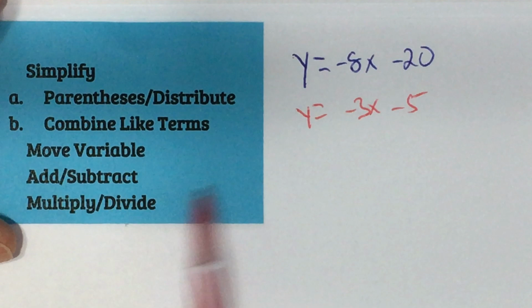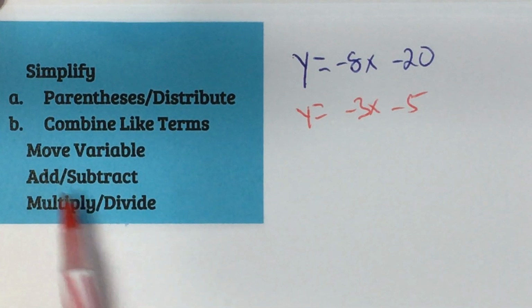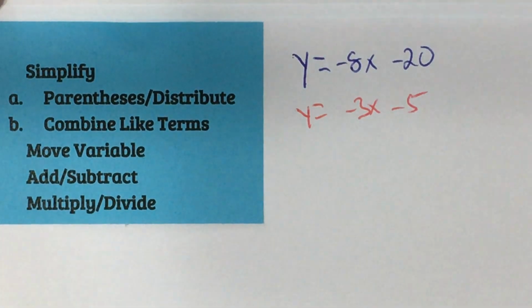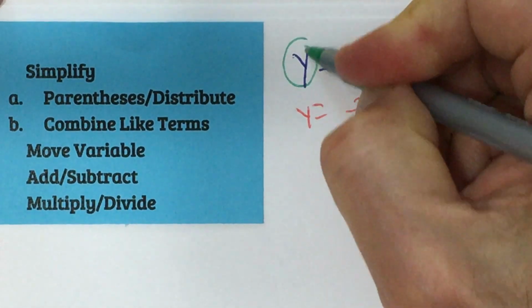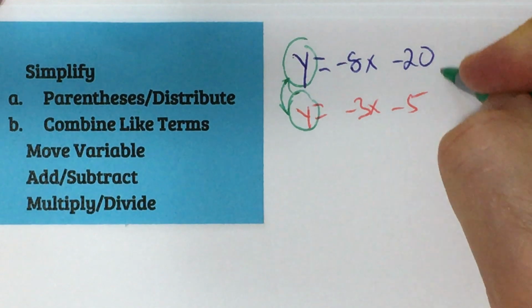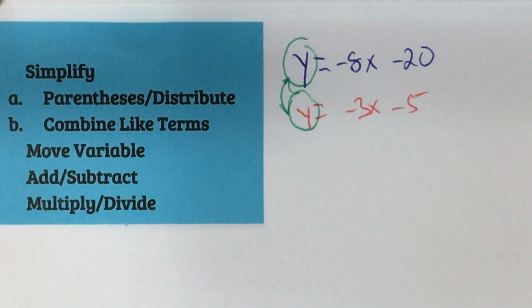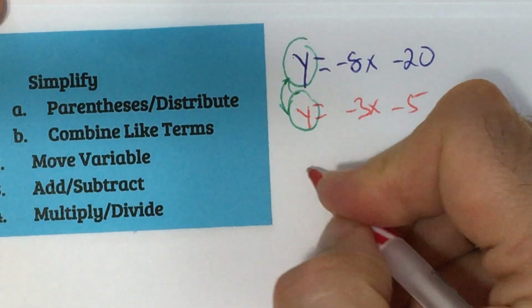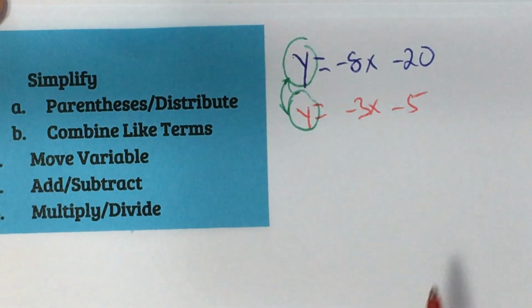Well, there are no parentheses and none of that is happening. But since I know that this y is the same as this y and they're interchangeable, what they're equal to is also interchangeable.